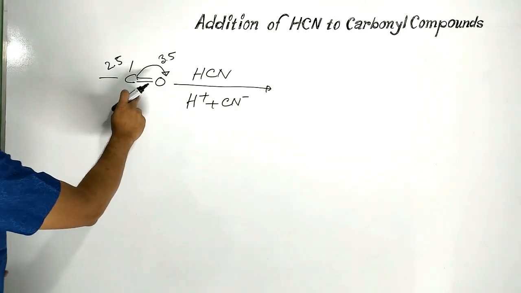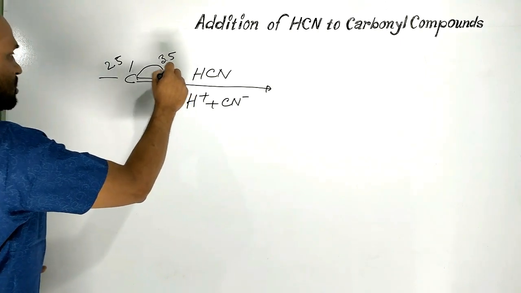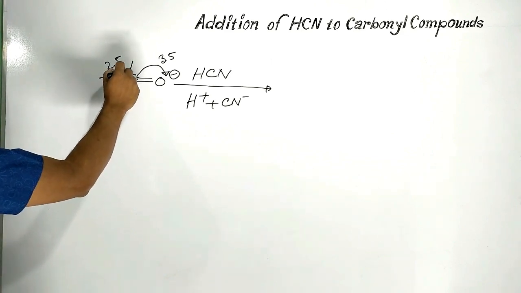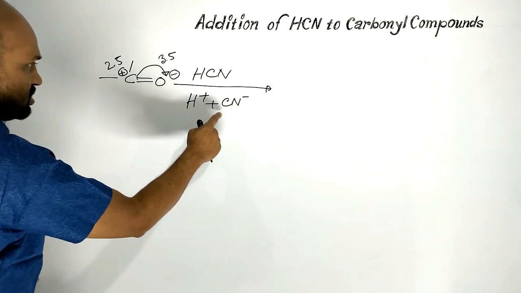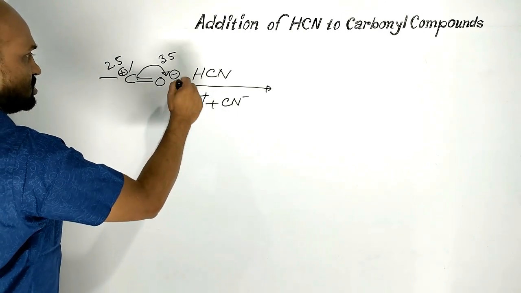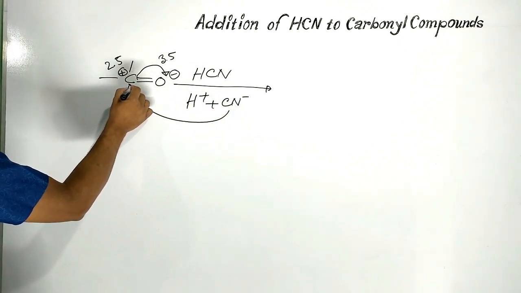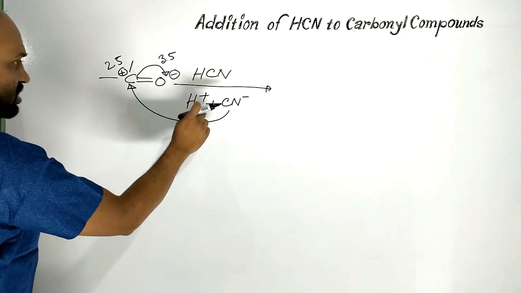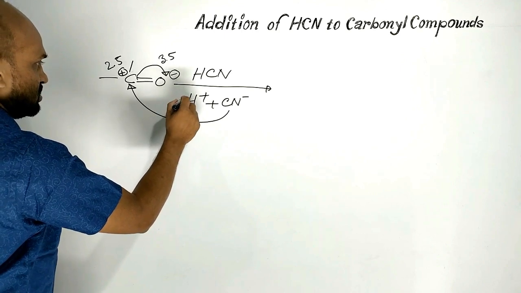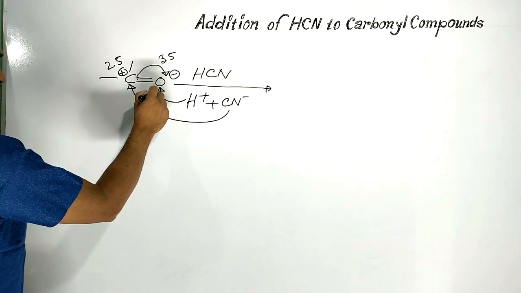Carbonyl group gets polarized. Oxygen becomes negatively charged. Carbon becomes positive in charge. And nucleophile from hydrogen cyanide combines with positively charged carbon first, and after that hydrogen ion, this cation, combines with negatively charged oxygen.